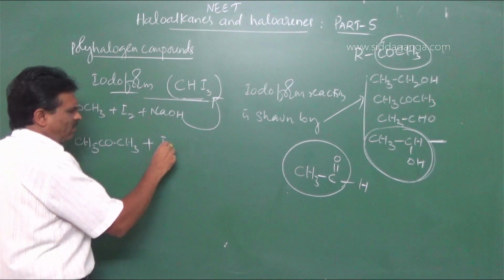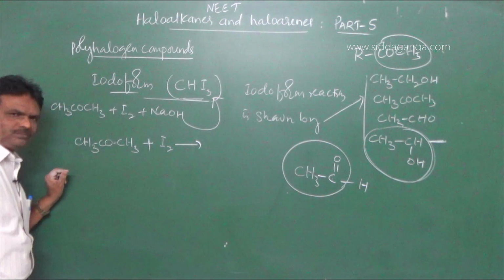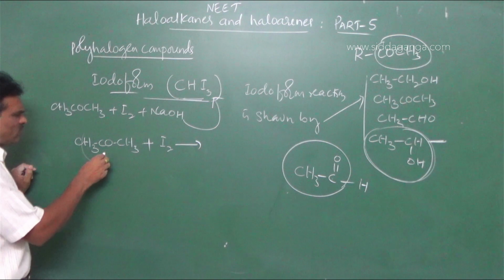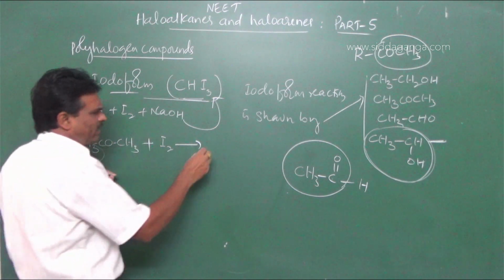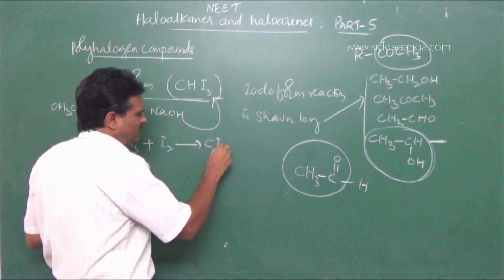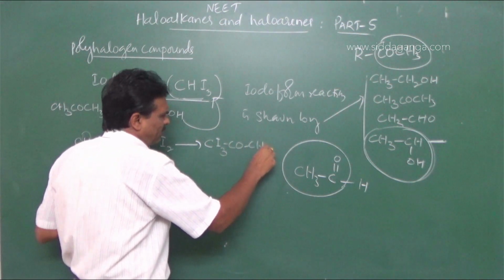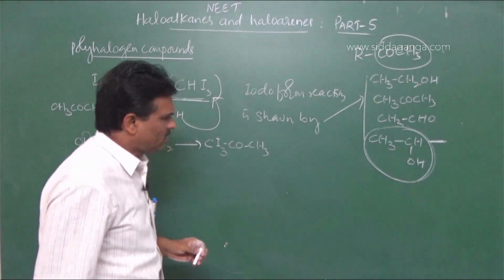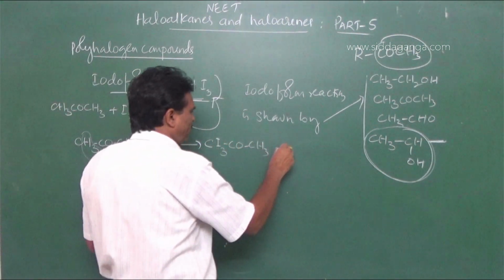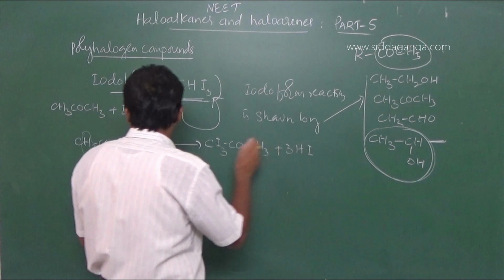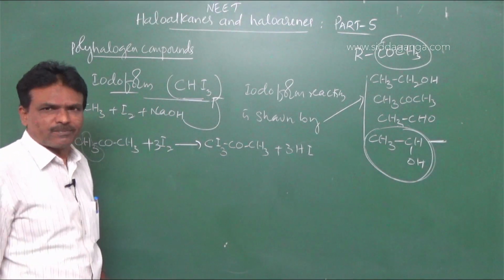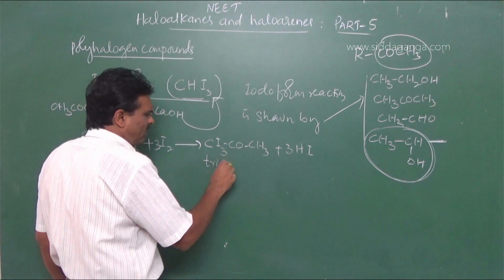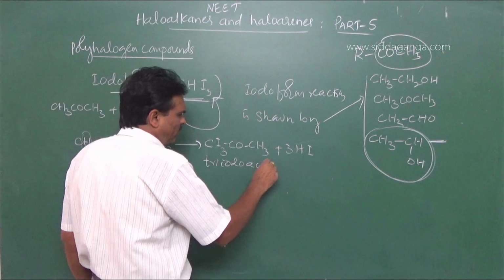Acetone on treatment with iodine: all 3 hydrogen atoms are replaced by 3 iodine atoms to form CI3COCH3, along with the formation of 3HI. So 3 moles of iodine are used. This is called triiodoacetone.